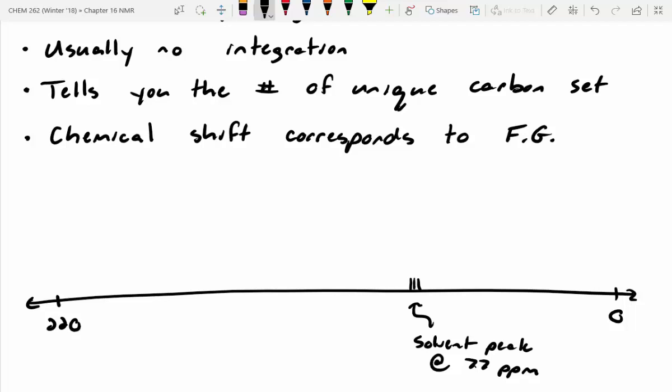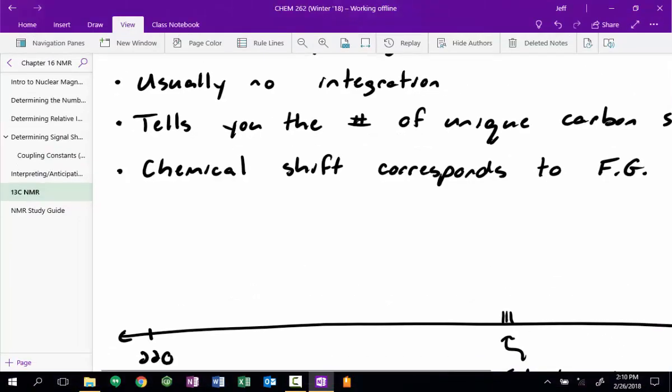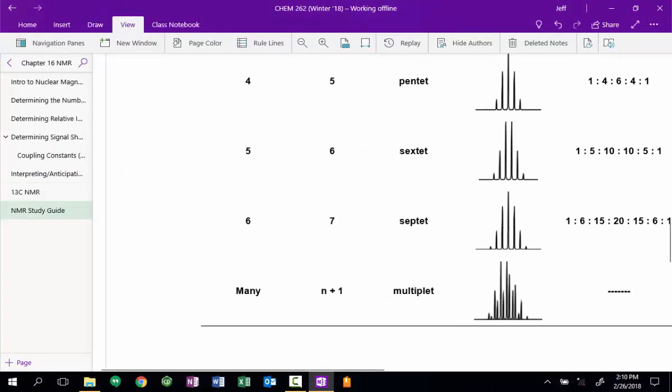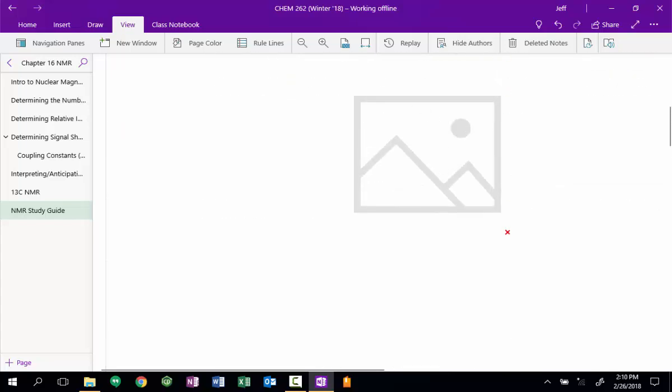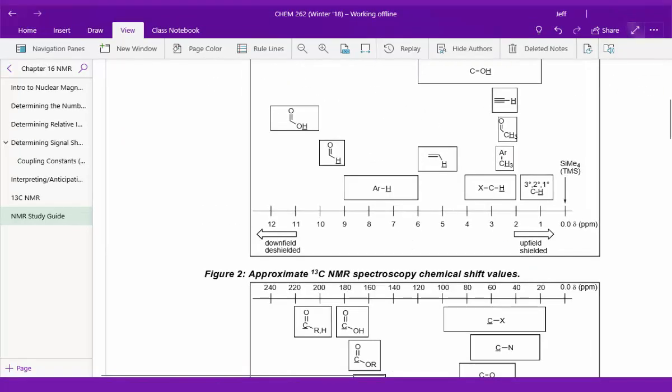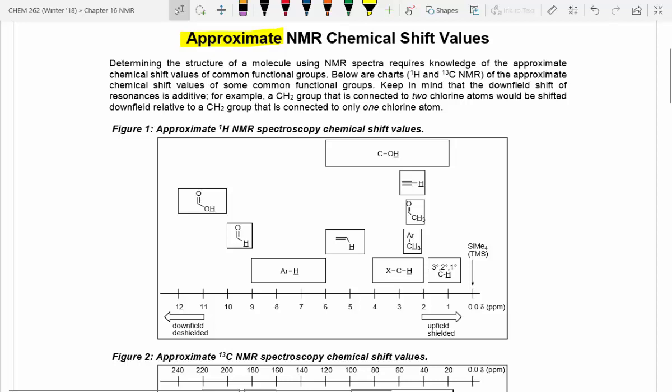So let's go back to that study guide. And so you can see up here, there's approximate chemical shifts, and there's a few things I wanted to go over. If you look at this one, this basically tells you protons coming off carboxylic acids are normally about 10 to 12 ppm, so that's pretty easy to spot.